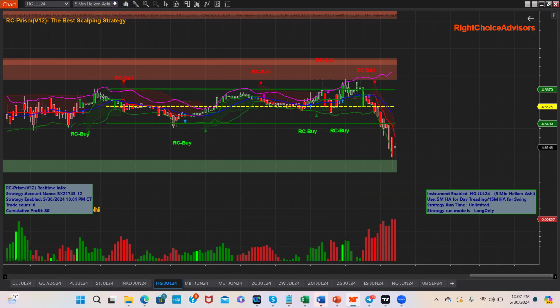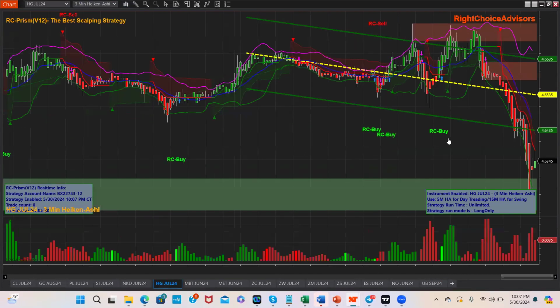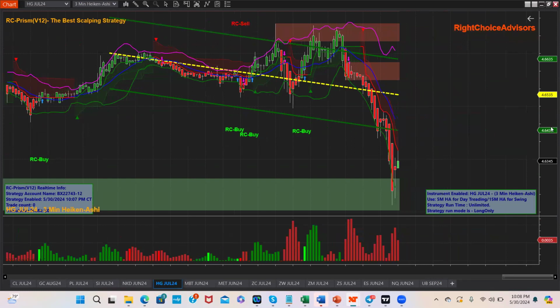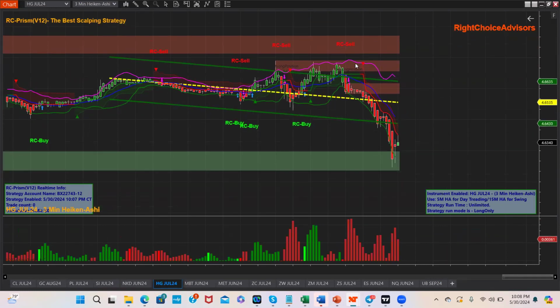You can also, in the US hours, enable it on 3 minutes or 2 minutes. So you will get more opportunities, or you can enter into the buy signal quickly.